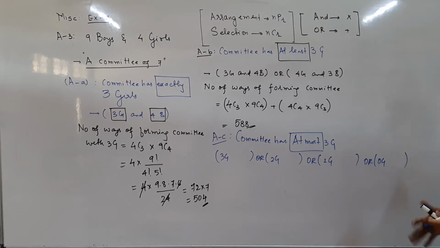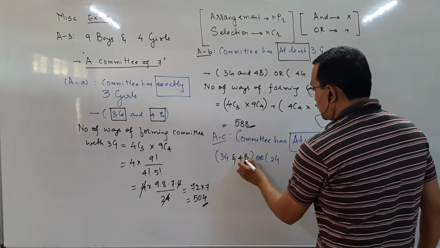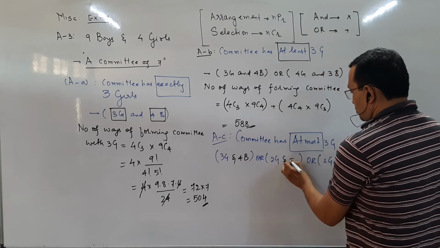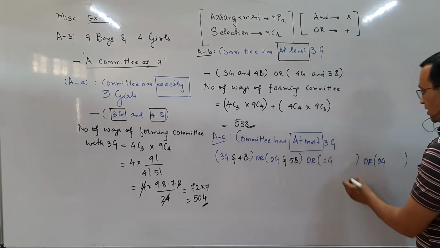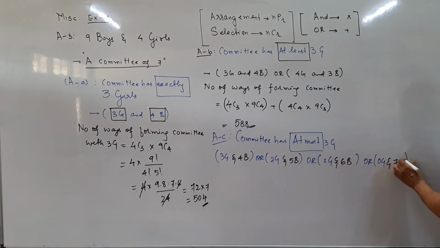If there are 3 girls and we have a total of 7, then there should be 4 boys. Then here there should be 5 boys. Here there should be 6 boys, and here all 7 must be boys. Because in total the committee must constitute 7 members.